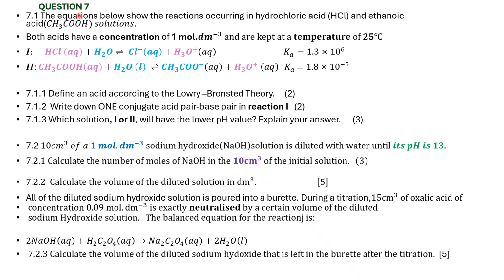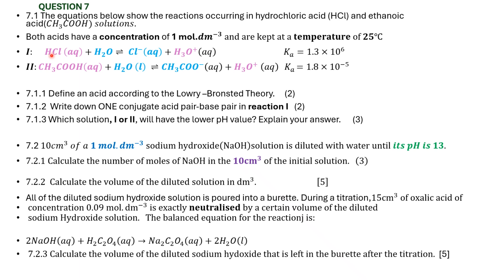Question 7. They say the equations below show the reactions occurring in hydrochloric acid and ethanoic acid solution. Both acids have a concentration of 1 mole per decimeter cubed and are kept at a temperature of 25 degrees Celsius.